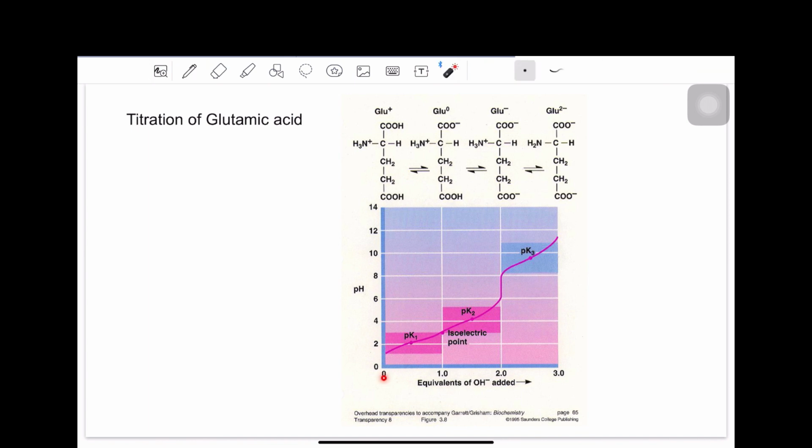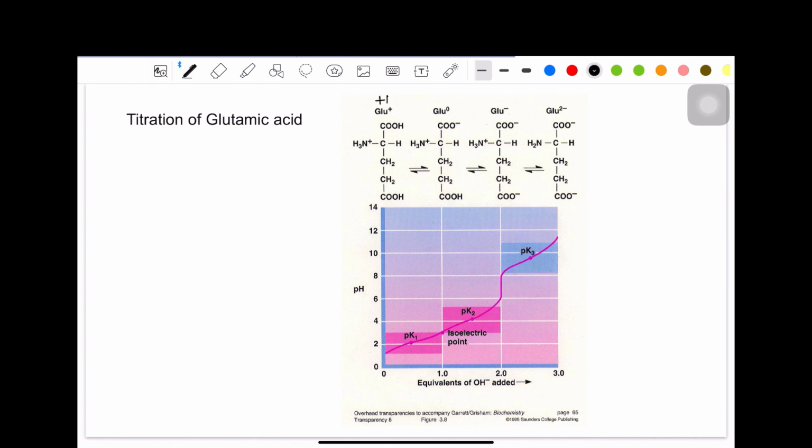In this low pH condition, when the pH is lesser than 2, all the groups are protonated. We can see the amino group, the carboxyl group, and the side chain carboxyl group, all of them are protonated. So the net charge on this amino acid is +1.